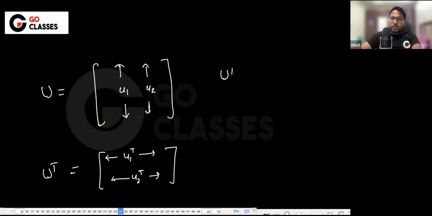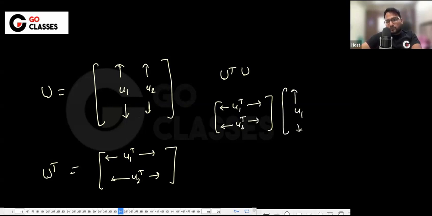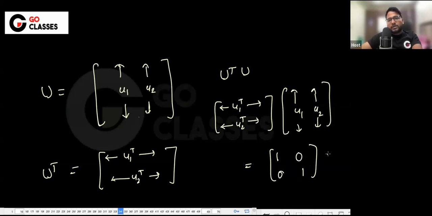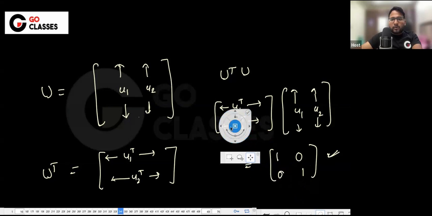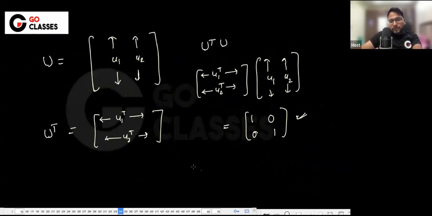You do U transpose into U. This into this will be 1. This into this will be U1 transpose into U2, if this is orthonormal, so this is 0, this will be 0, this will be 1. This is identity, right? What about the other way?